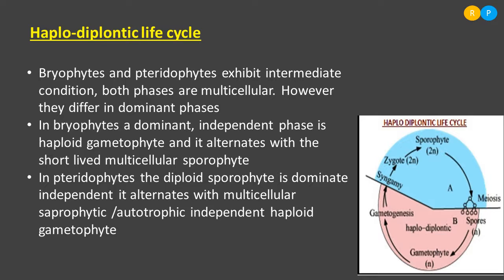In the next step, the spores undergo division and form a multicellular plant body, and that multicellular plant body formed by the spores is named the gametophyte. The gametophyte is a multicellular, autotrophic independent phase that exists in the pteridophyte. Understood? And this gametophytic phase produces gametes by means of gametogenesis.